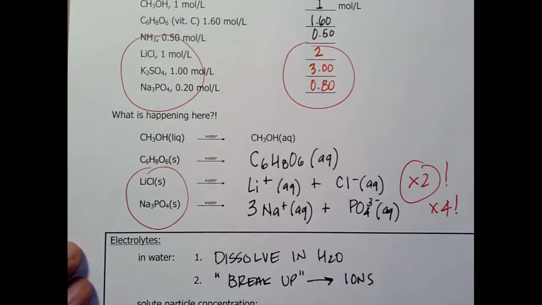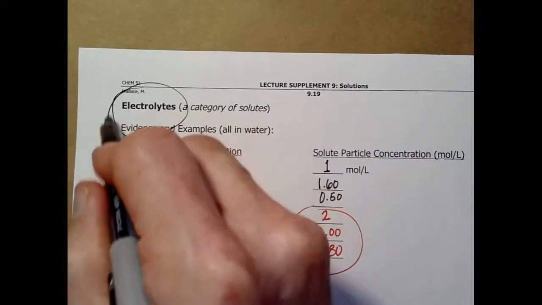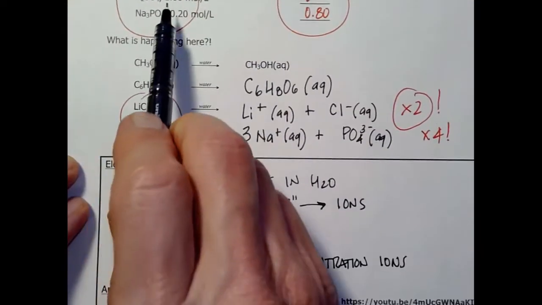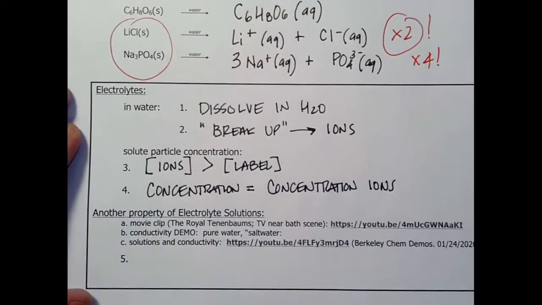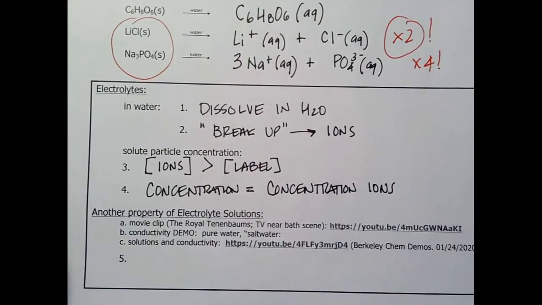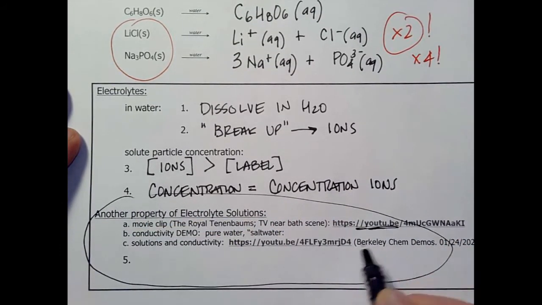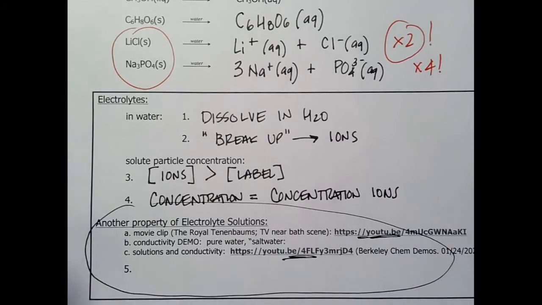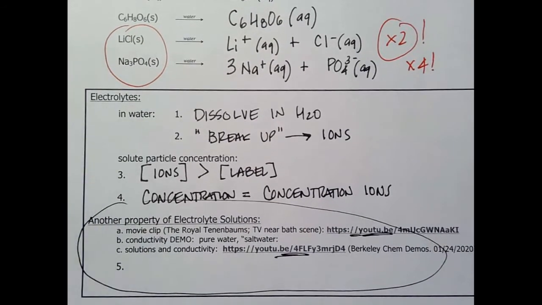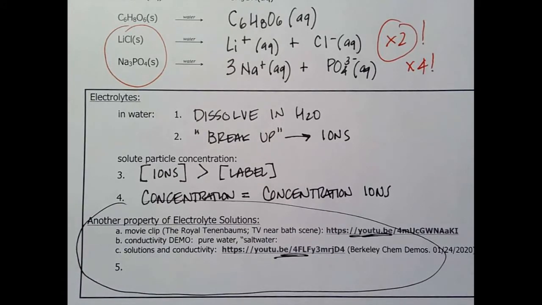Again, I just want to remind us, we're talking about electrolytes. Now, there's another really important property of electrolytes, but I'm going to have you stop right here. I've got these 2 videos in the Canvas assignment, so watch those, and then we'll come back and pick up page 19 at the beginning of page 20.